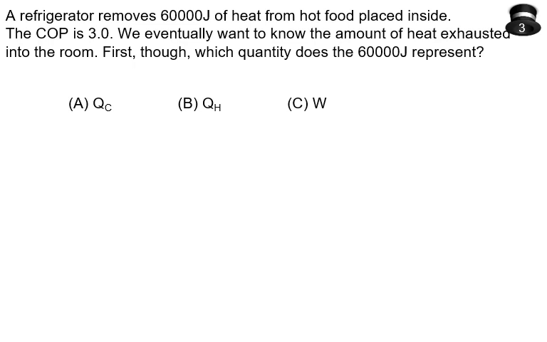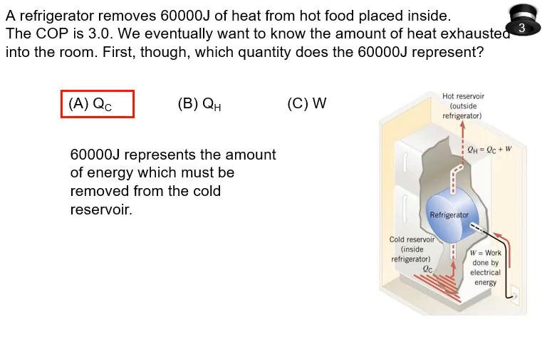The first question, though, is what quantity does the 60,000 joules represent? Is it Q sub C, Q sub H, or work? So pause, come back. Hopefully you've drawn this to try to figure it out. And you'll see that 60,000 joules represents the amount of energy that must be removed from the cold reservoir, in this case, our hot food.